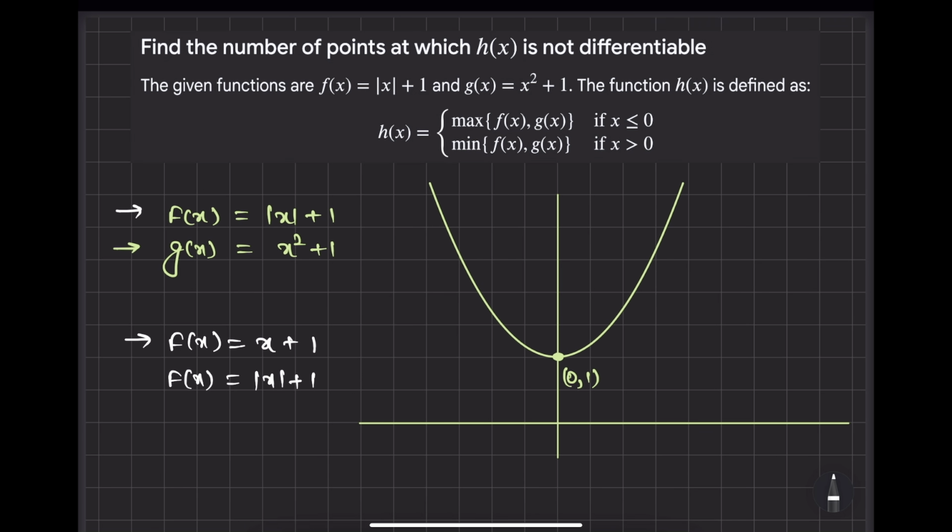If x is 0, y will be 1, so this function will also pass through this point. If x is 2, y is 2. So it will go this way, correct?